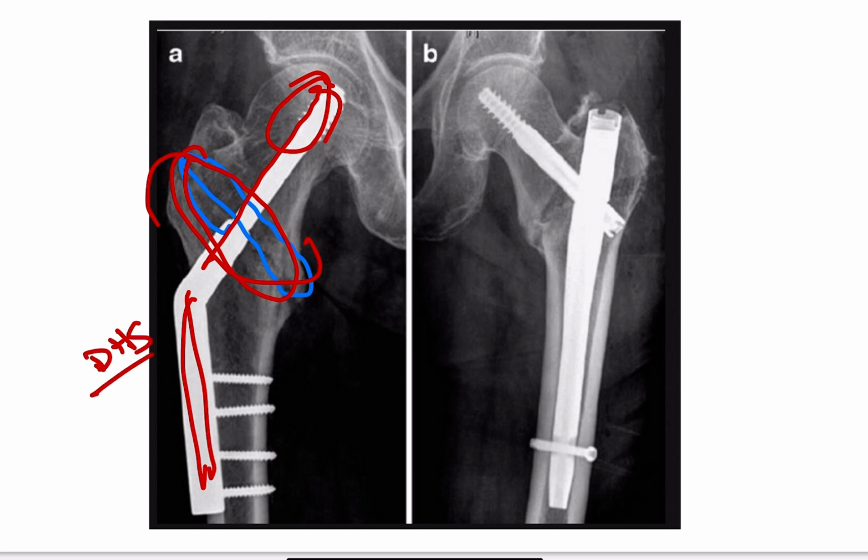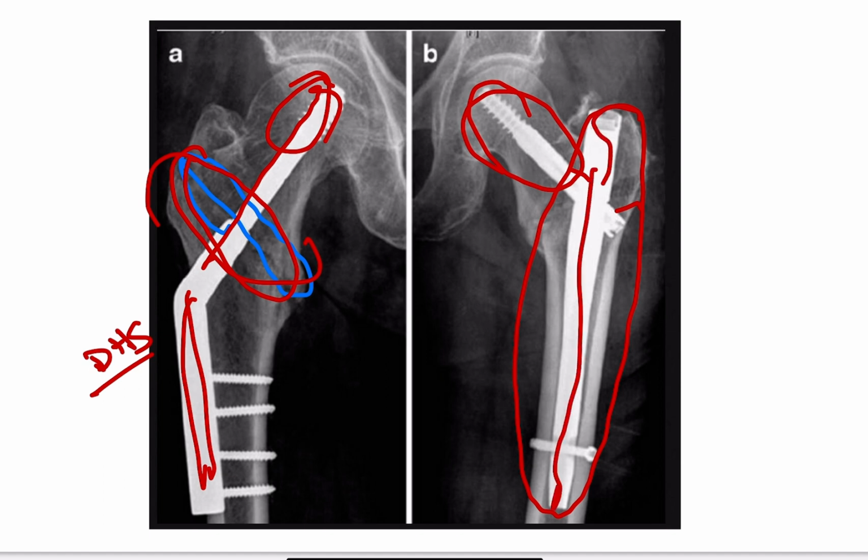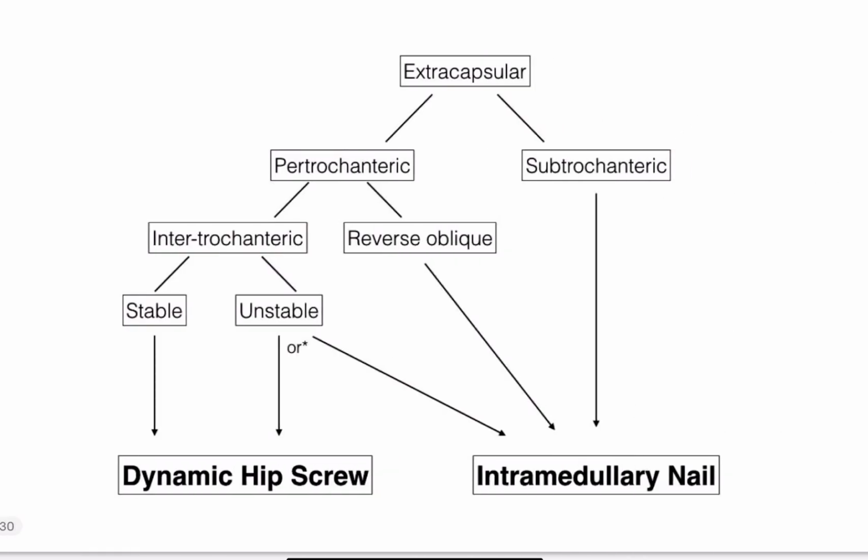There is another version. Here we can see this is the hip screw, but in this condition the nail is inserted into the medullary cavity, but in the first picture it is outside the medullary cavity. Now see the peritrochanteric fracture. Our concentration is here, on the peritrochanteric fracture.